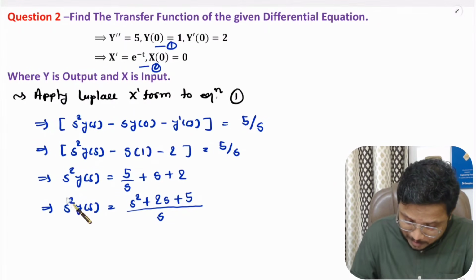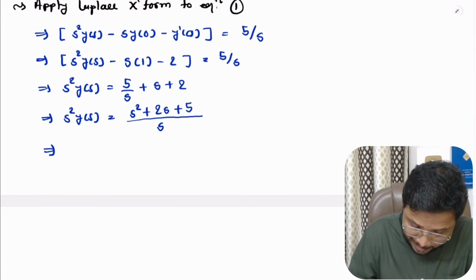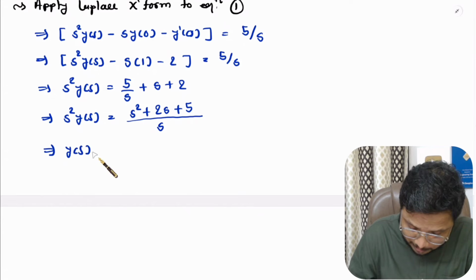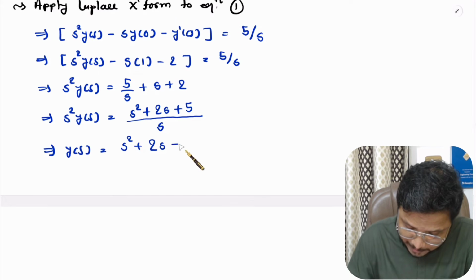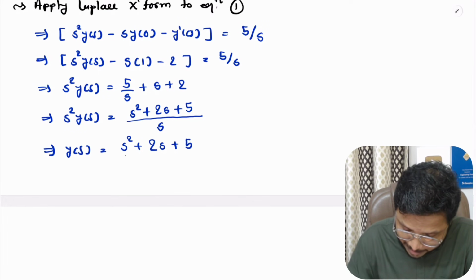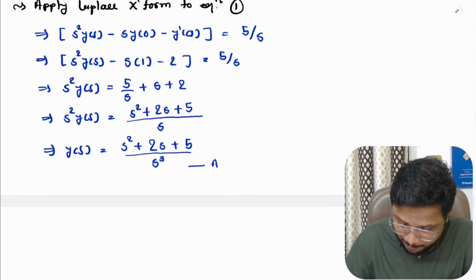If you take this s square to this side, then we will have Y of s in the Laplace domain, that will be s square plus 2 times s plus phi divided by s cube. Right. Let us say this is equation A.